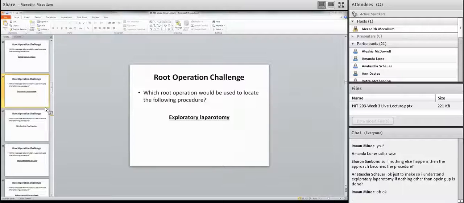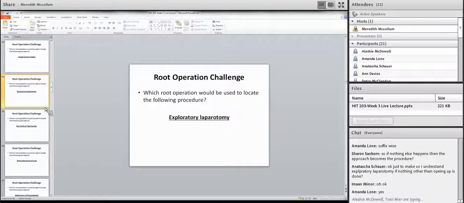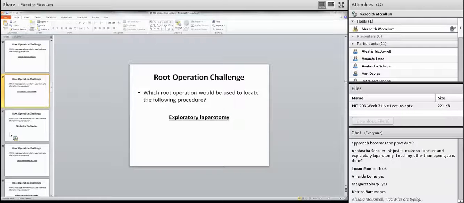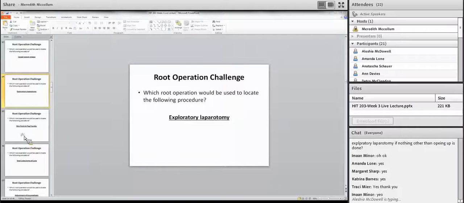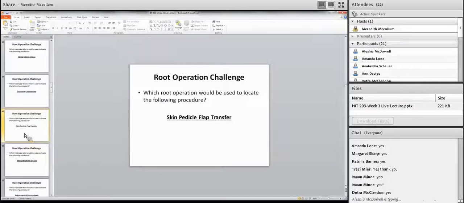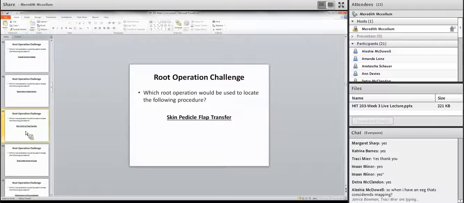I'm just waiting on typing. Okay, I'm going to move on because it's not coming up, whoever's typing. So, skin pedicle flap transfer.